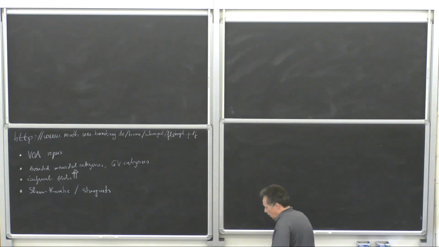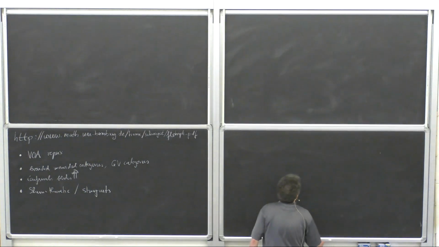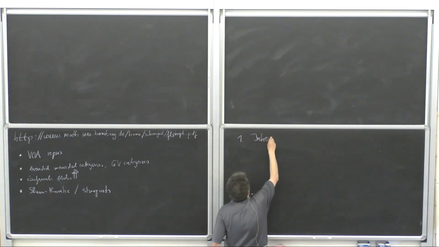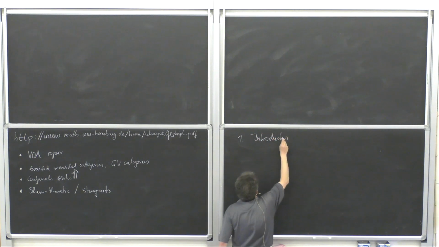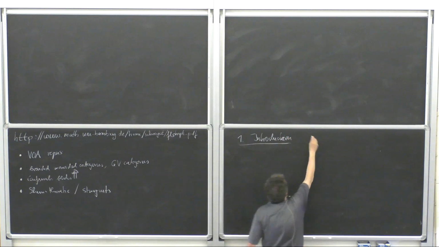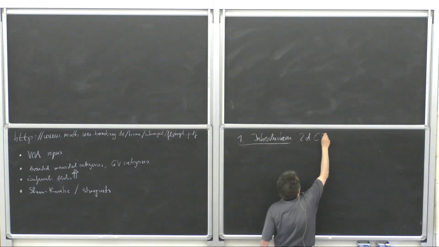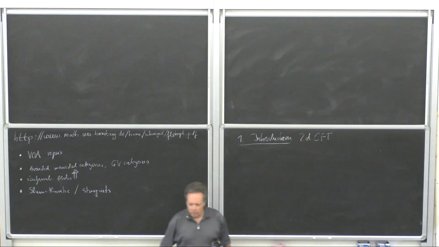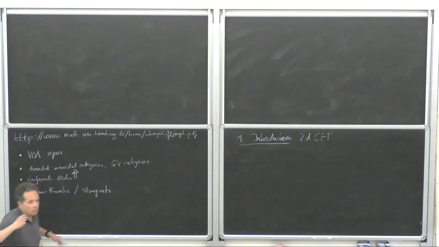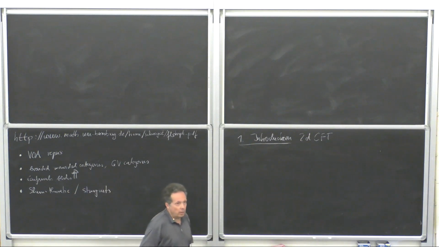So my first chapter is about some very general comments. The first thing is, if you talk about two-dimensional TFT, and this is always CFT, and CFT will be always two-dimensional. This is not because there's nothing interesting to say about CFT in higher dimensions.